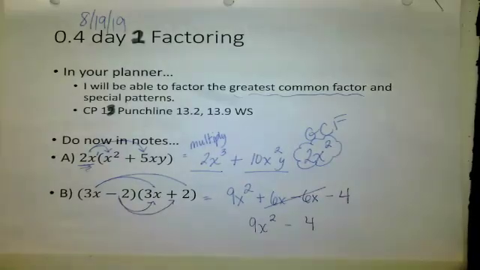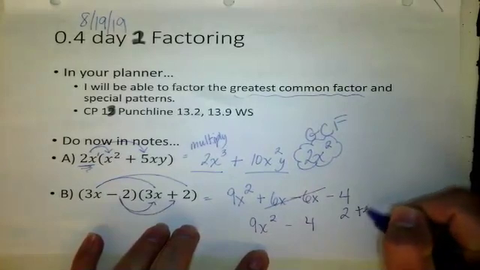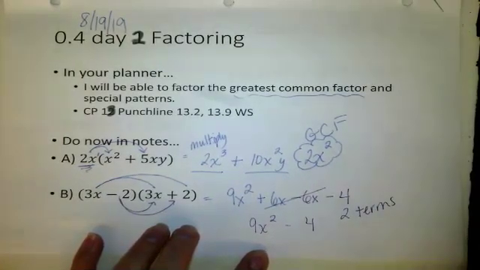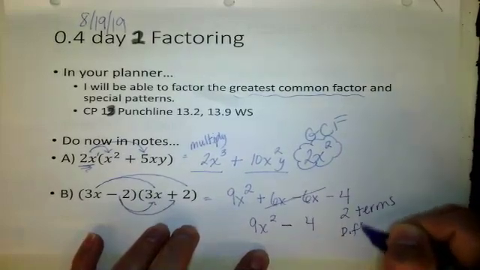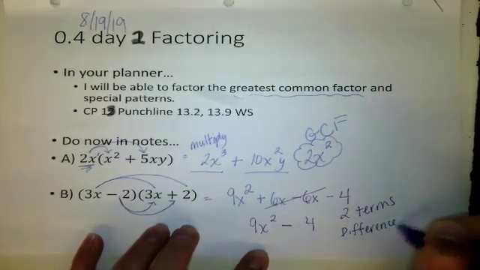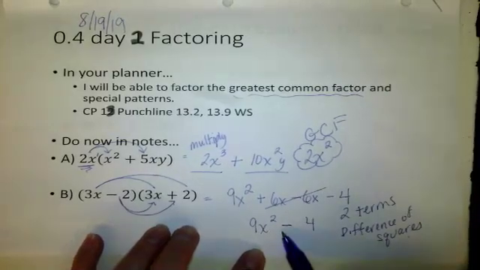It's true, they don't have a GCF. But you'll notice, first of all, there are 2 terms. This has a very specific name. It's called difference of squares. What do you suppose difference refers to? The subtraction.